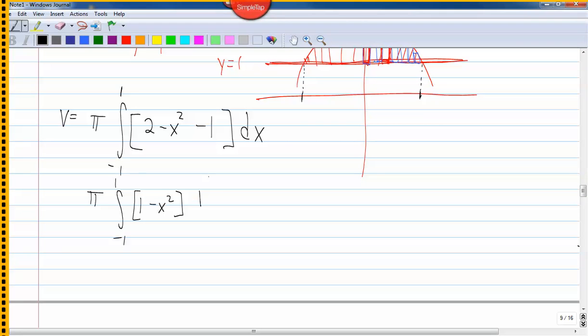So that's what I'm integrating. Now, what did I not put here? Squared. Don't forget that's from the formula. It's the radius of the disk squared. So square that. FOIL it out. That's going to be 1 minus 2x squared plus x to the 4th.